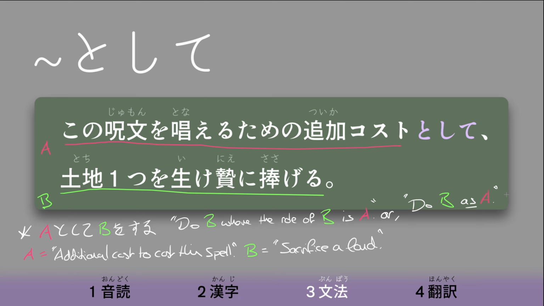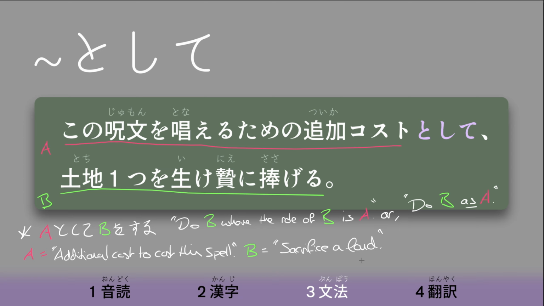Now, if we take the meanings that we have for A and B from this sentence, we would have something like sacrifice a land, do B, where the role of sacrificing a land is an additional cost to cast this spell, A. Or sacrifice a land, do B, as an additional cost to cast this spell, A. So putting it all together, this says, as an additional cost to cast this spell, sacrifice a land.